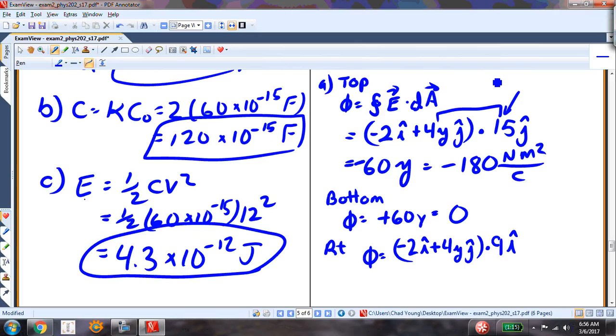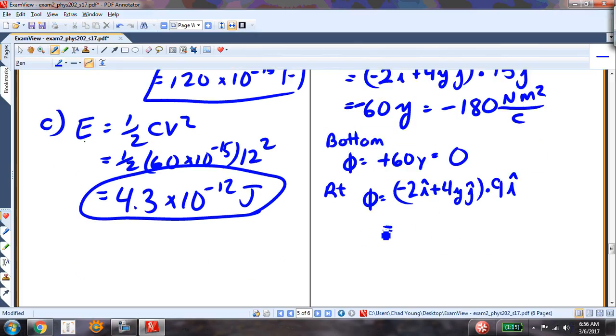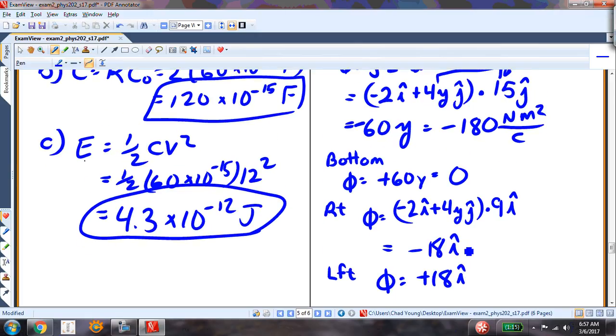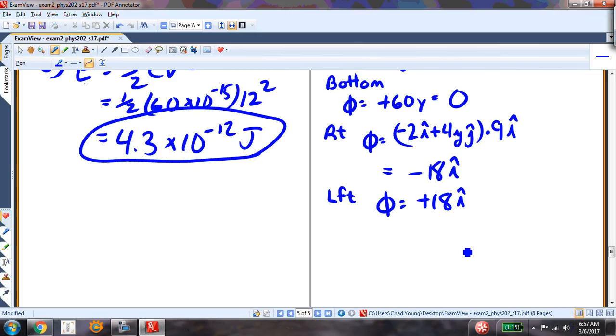That's 3 times 3, which is 9i. So it's going to be negative 18i. And then the left is going to be equal to positive 18i, because everything's the same except for the direction of the area vector. So you see the right and the left, they cancel out.